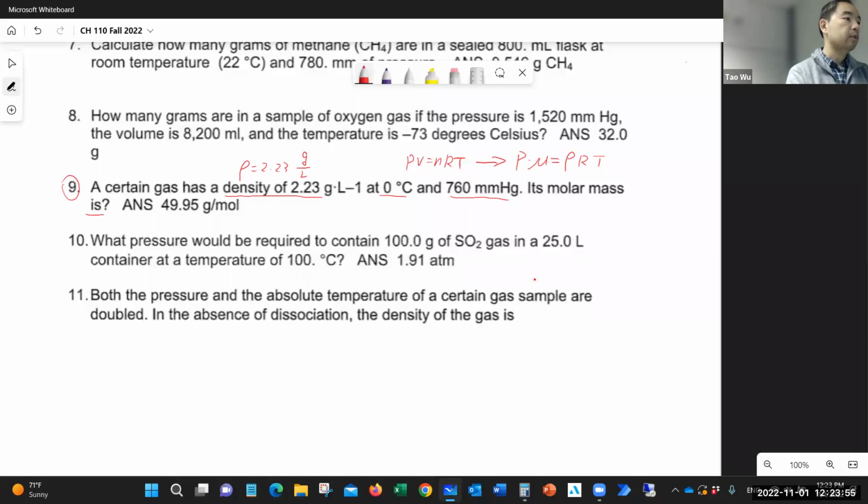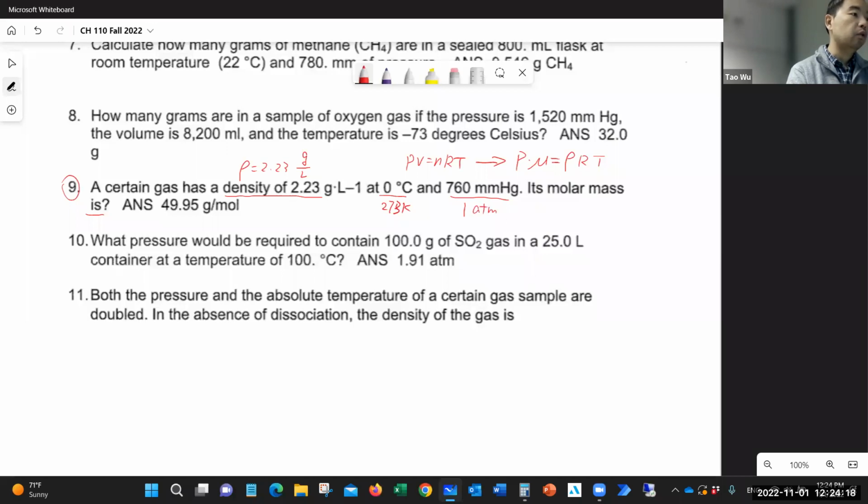We have a temperature of 273 Kelvin. The pressure you have to convert to atmospheres, not 760 millimeters of mercury. We talked about 1 atmosphere being equal to 760 millimeters of mercury, so this is equal to 1 atmosphere.